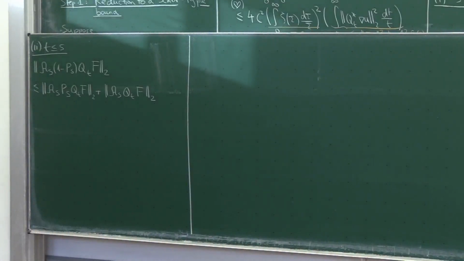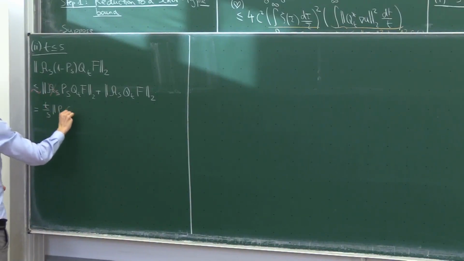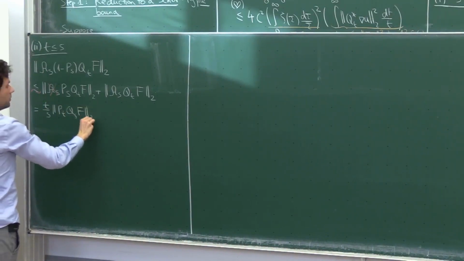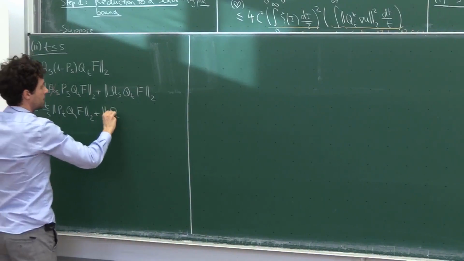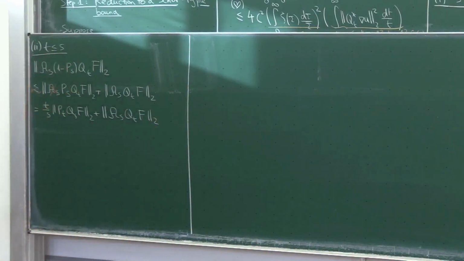Okay, and then AS is uniformly bounded. I can remove this. It costs a constant. And then PS QT, I can change the roles of the two guys thanks to the formula. So it gives me T over S times PT QS F for the first term, and for the second term I'm stuck for the moment, so I just keep it like it is.